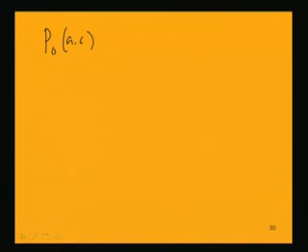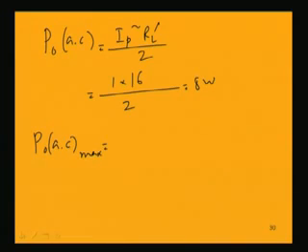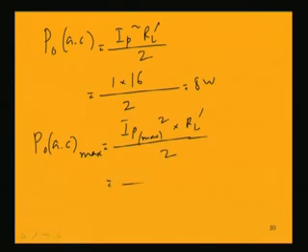So, what will be the AC output? That also can be found out. Output power is IP square RL dash by 2. IP is 1, RL dash is RL, which is 16, by 2, that means 8 watts. The output power maximum can also be found out. The maximum value of IP is VCC by RL dash, whole square, into RL dash by 2.